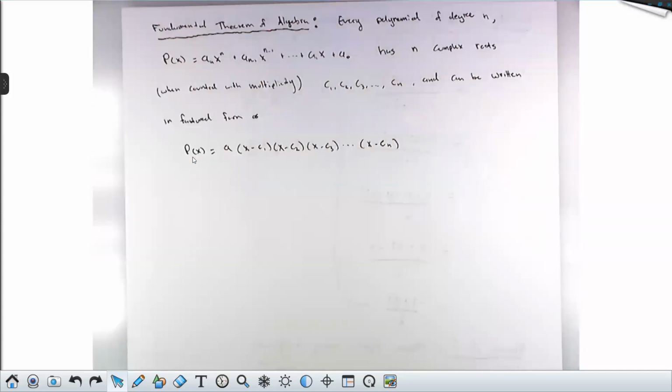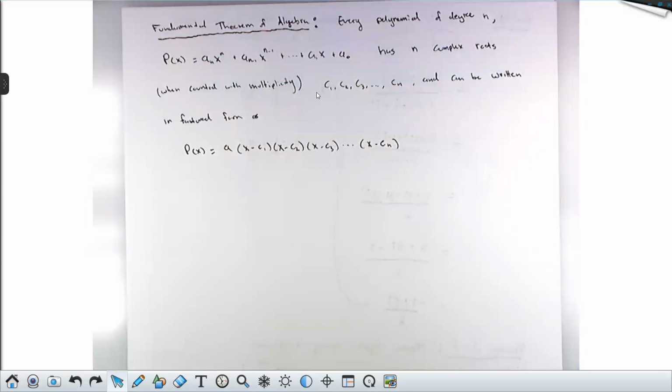So this doesn't come as a surprise to us, probably because it looks exactly like what we've been talking about with factored forms of polynomials, and if you have roots. The big deal here is that a polynomial of degree n will have exactly n roots if you allow for complex numbers and you count with multiplicity.